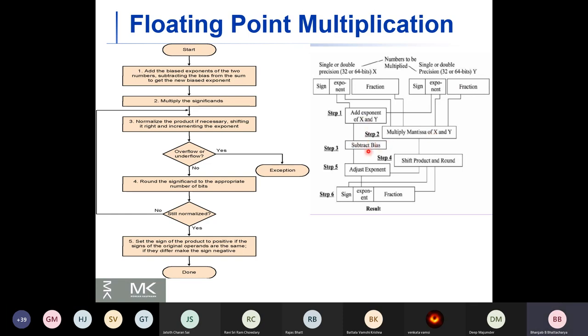After addition, you subtract the bias to get the final biased exponent. Since this is just multiplication of the absolute values, the result is going to increase anyway. That's why you need only right shift for normalization. Left shift is not needed here. Adjust the exponent, check for overflow, underflow, and adjust the sign of the result.